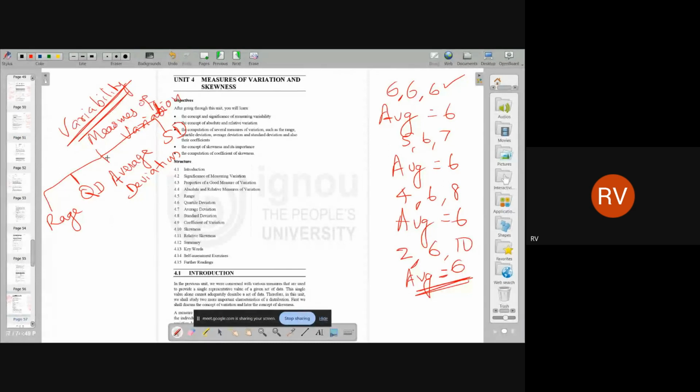These are the measures of variation. Variation means variability, the difference between the greatest and lowest observations.